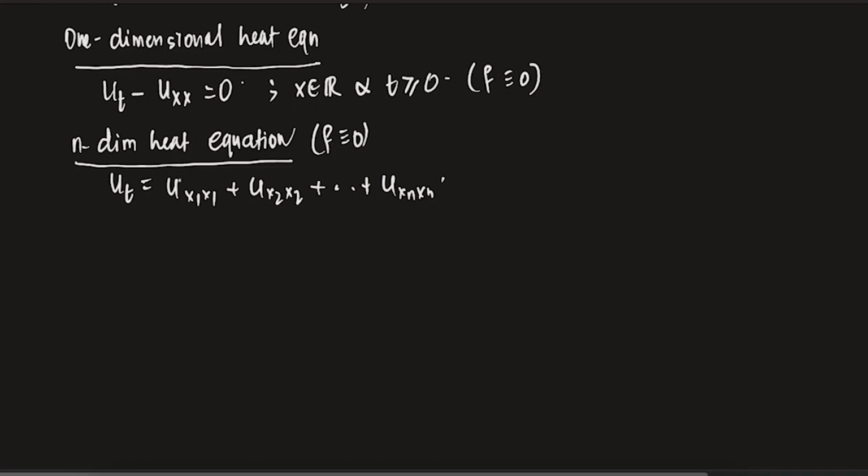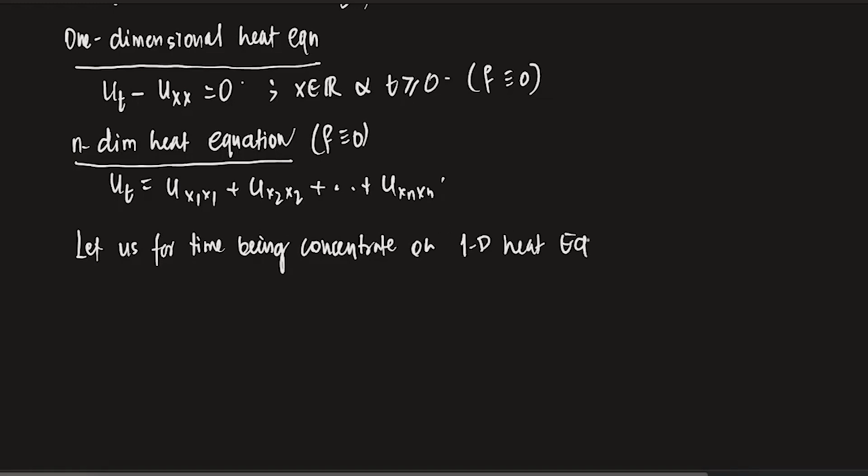In n dimension also the same sort of boundary conditions will work, but for now let's concentrate on the 1D heat equation. Clear? What we are going to do is write down the different boundary conditions which you can encounter here.